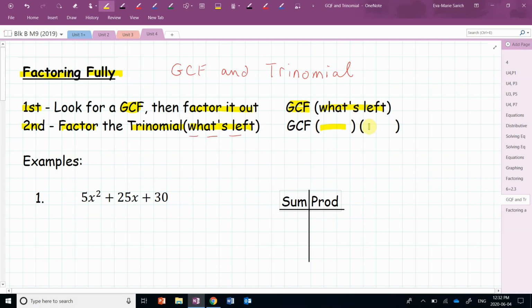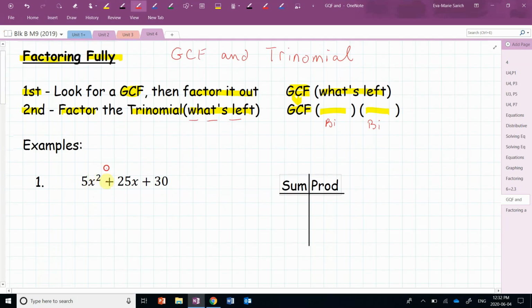It's now going to become two brackets with binomials, right? A binomial and another binomial. And you're going to have the GCF that comes down in front. So instead of the GCF just multiplying the trinomial, the GCF is now going to multiply the two binomials broken down. All right, let's look at the first question.